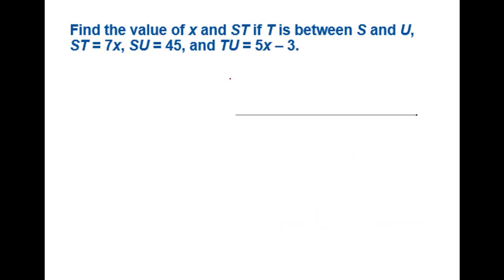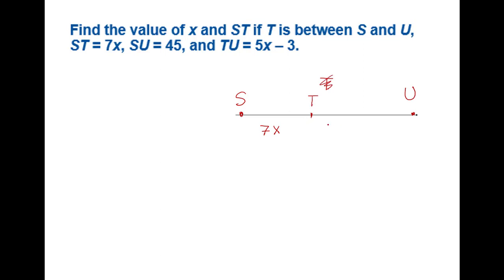Now, he wants me to find the value of x and ST if T is between S and U. Here I have S and here I have U. I have something in between them called T. He told me ST at the beginning, just any point, and I'll write here ST equals 7x.